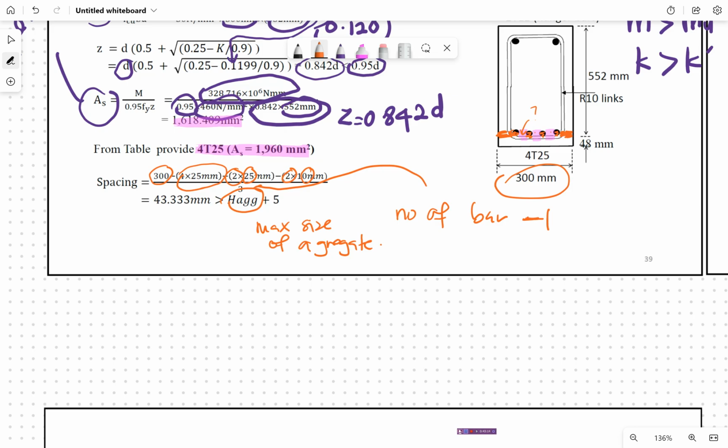So dia takkan lagi besar lagi lah. Okay. So 20 campur 5 you akan dapat 25. So kalau kita compare this 43.333, it is bigger than this 25. Therefore okay so you boleh tulis lah okay. Okay, so baru boleh draw.